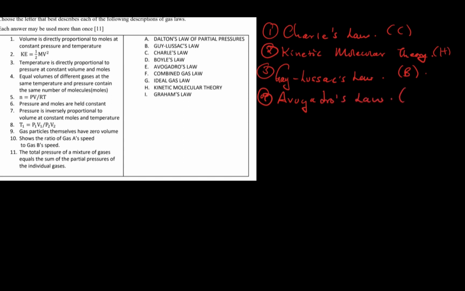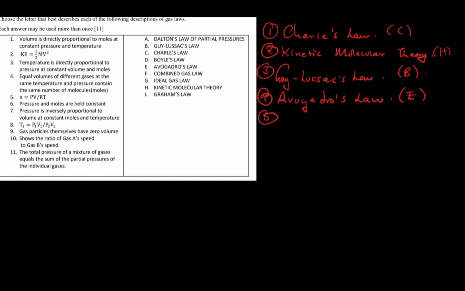And basically, this letter that represents this is E. So the Avogadro's law states that equal volumes of gases at the same temperature and pressure contains the same number of molecules, or in this case, we can say the moles rather.